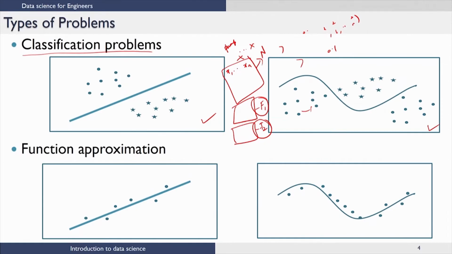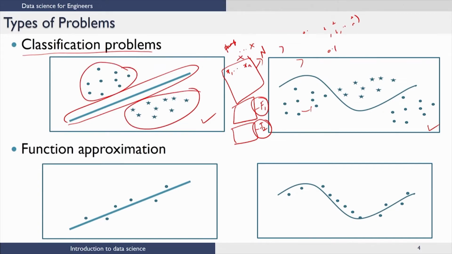So, problems where a linear equation can be a decision function for us to classify are called linear classification problems, or we call these problems linearly classifiable. And here we show in 2 dimensions a binary classification problem. So, all of this could be class 1 and all of these could be class 2, and a line or a plane or a hyperplane could be used to classify these data points.